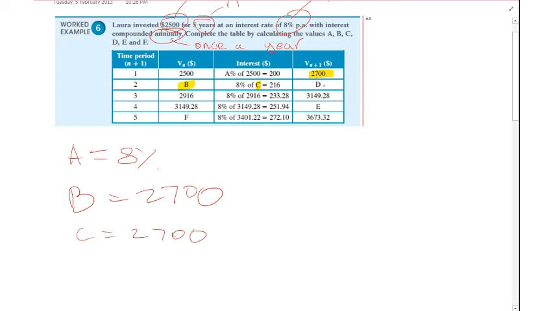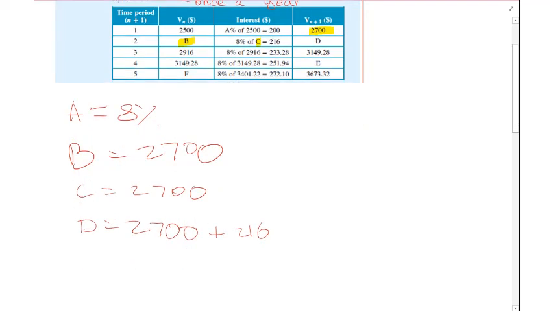So what the Vn plus 1 here is, D equals 2,700, because that's what was for Vn, plus 216. And that is 2,916.